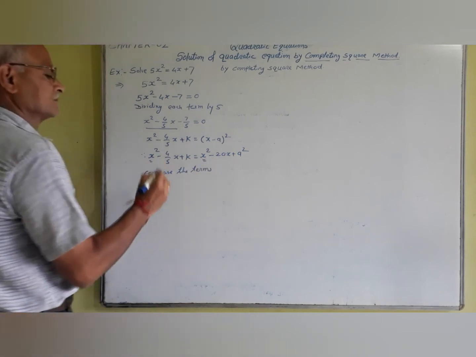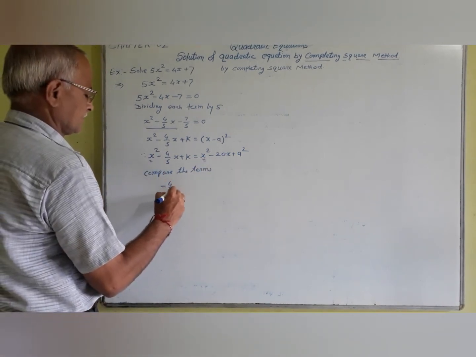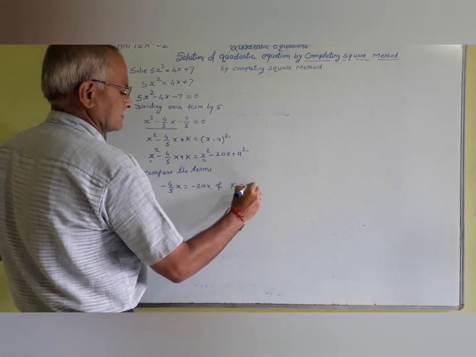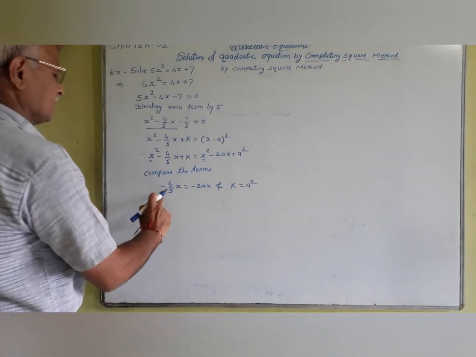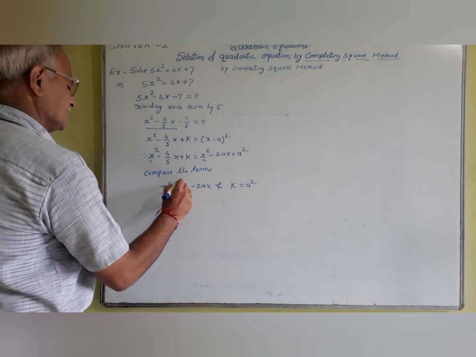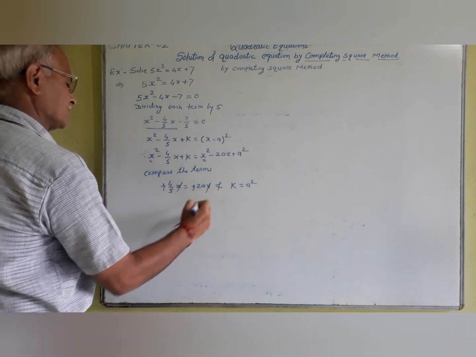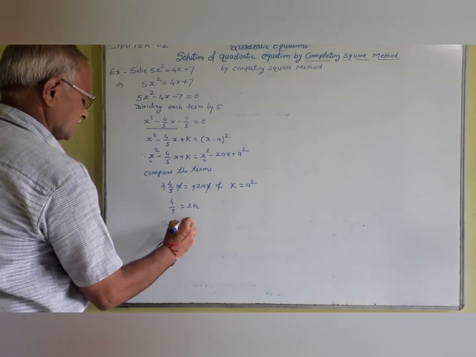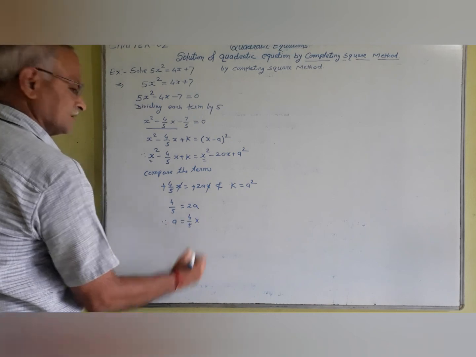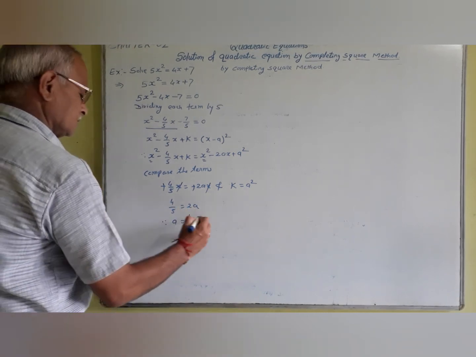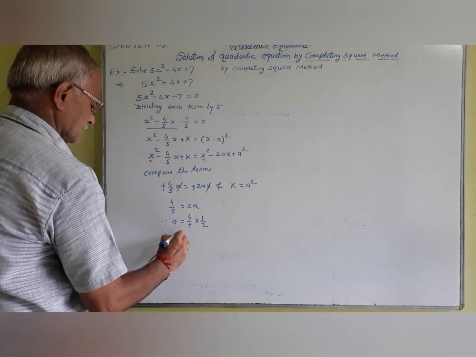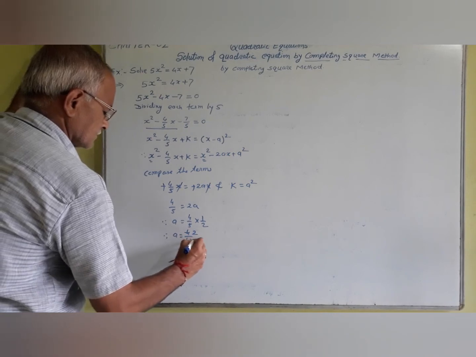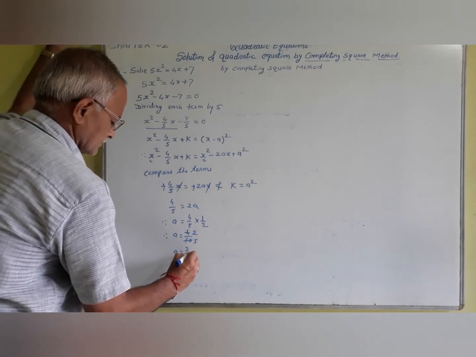Here x square cancels. Minus 4/5 x is equal to minus 2ax and k is equal to a square. Here minus becomes plus and this minus x cancels. That is 4/5 is equal to 2a. Therefore, a is equal to 4/5 divided by 2, which is in the denominator, so a is equal to 4/10. That is, 2 2s are 4, 2 5s are 10. A is equal to 2/5.